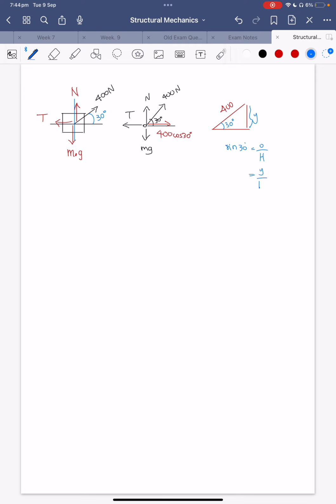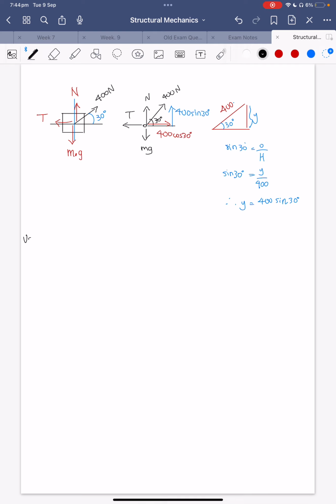So y over 400 is sine 30 degree. Therefore, my y is 400 sine 30 degree. And then I can just write that as 400 sine 30.